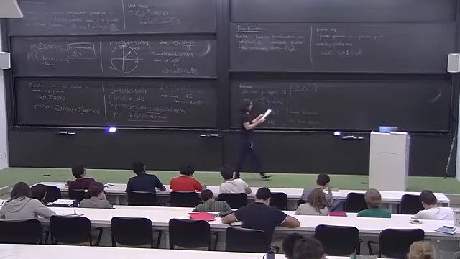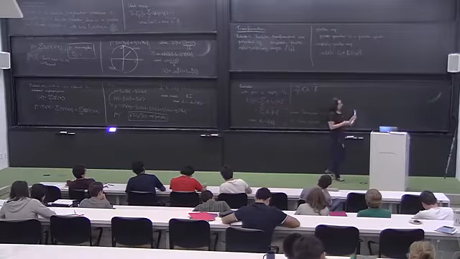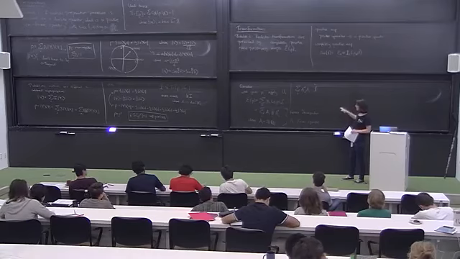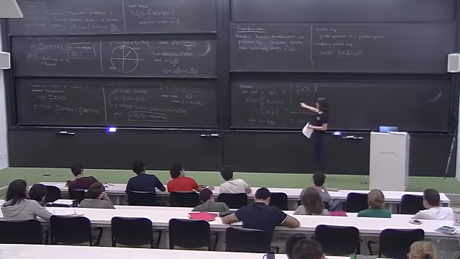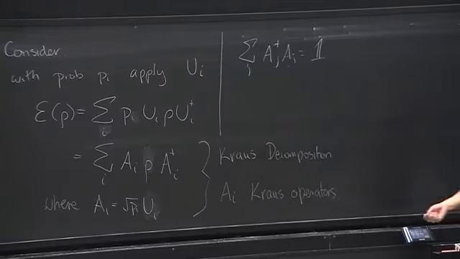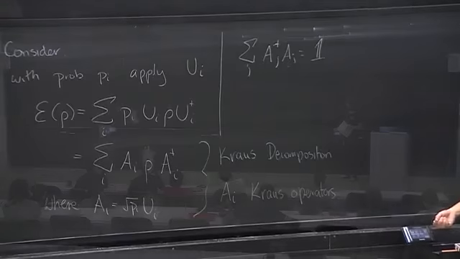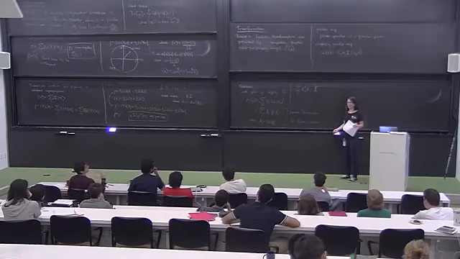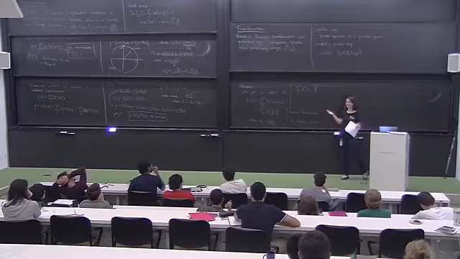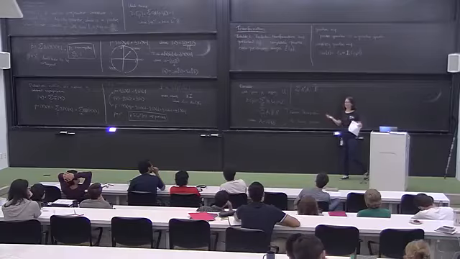Later we're going to see more general maps, but if we look at the maps that I motivated here in terms of probabilistic mixtures of unitaries, can you tell me whether these maps can increase the purity of a state? They can definitely change the purity, because if I have a pure state, it won't keep it pure. But if I have a slightly mixed state and I apply this map, can I increase the purity?